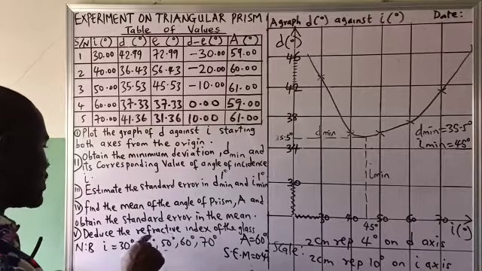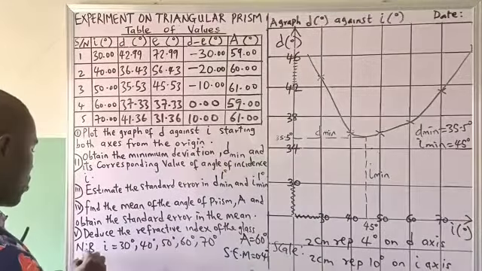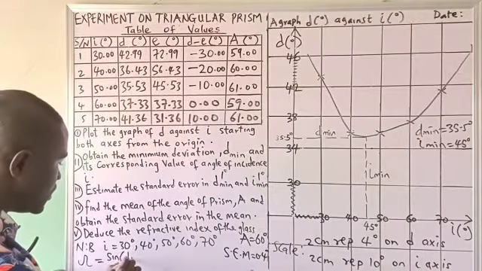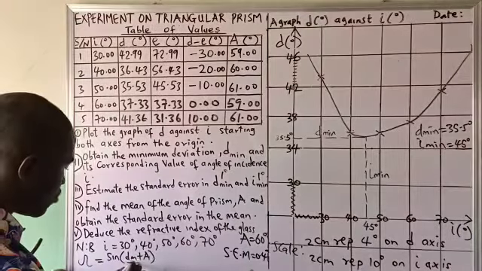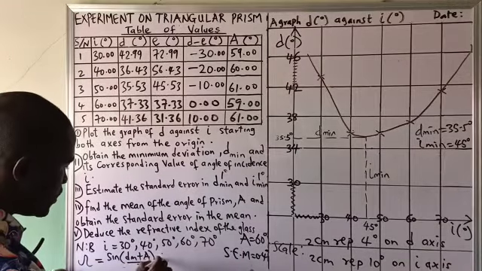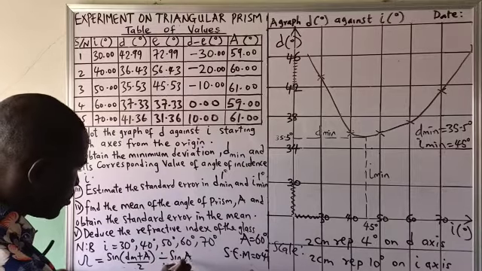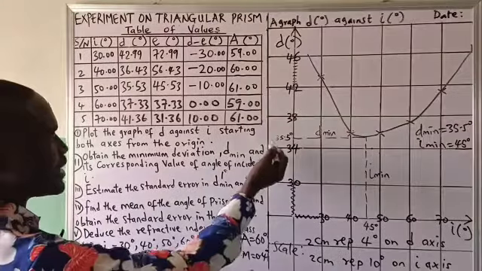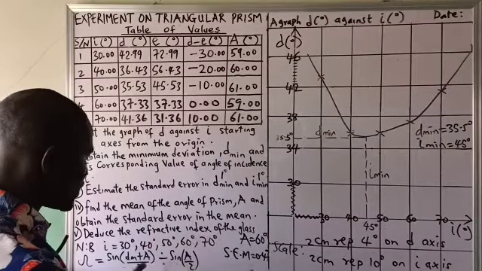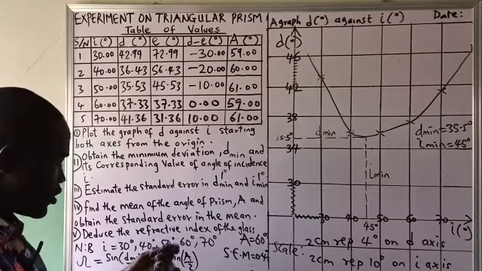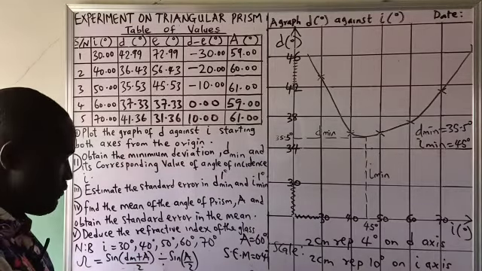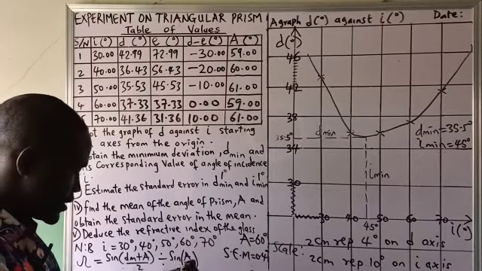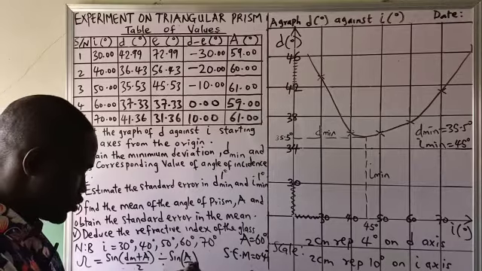Then the next one, they ask for the refractive index of the glass. Okay, refractive index is equal to sine of (Dm plus A) over 2, divided by sine of A over 2. And our A is 60 degrees. Our Dm is 35.5 degrees. So what we say is 35.5 plus 60, then divided by 2.